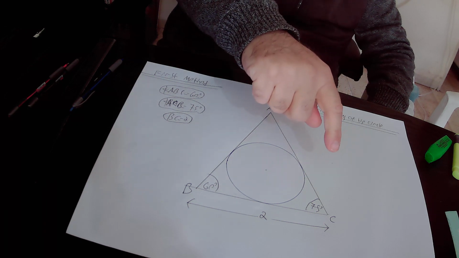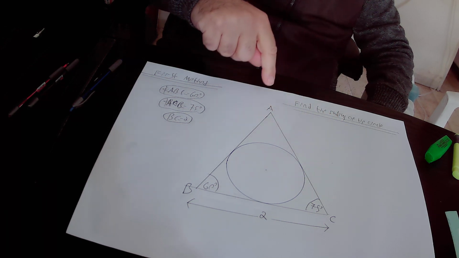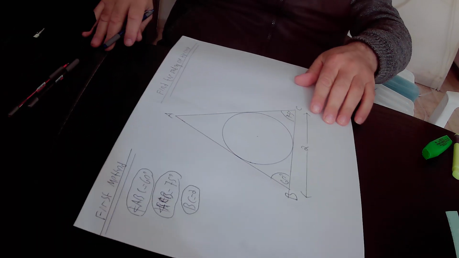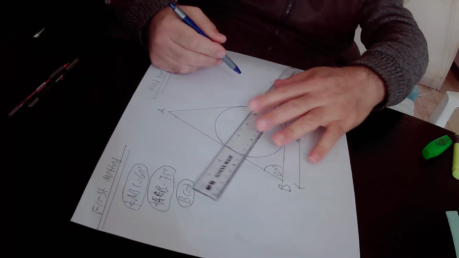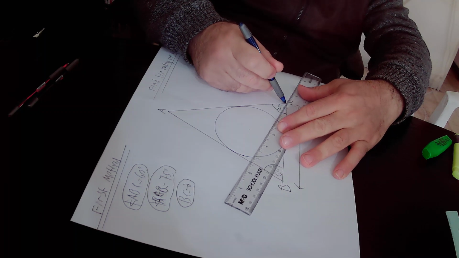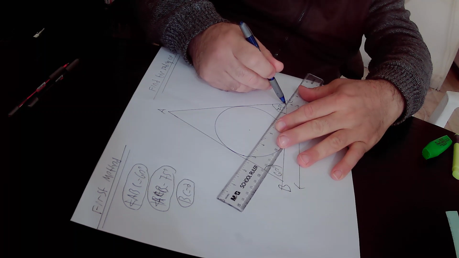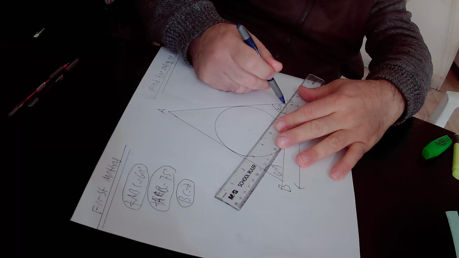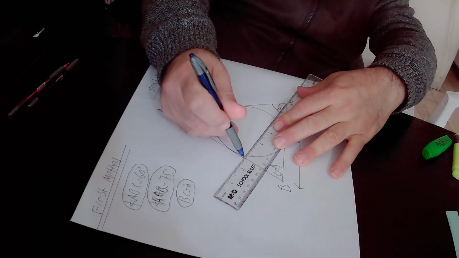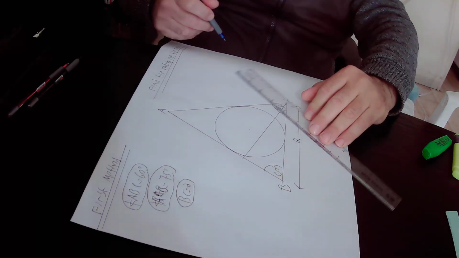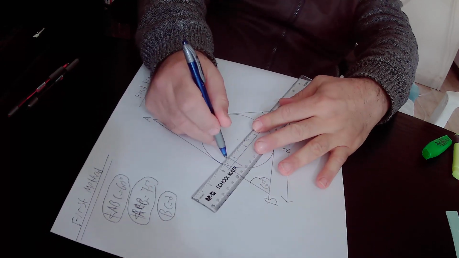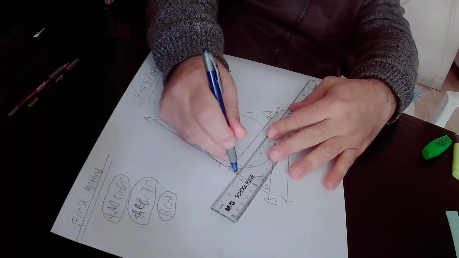For point C, we draw a perpendicular on AB. So this angle equals 90 degrees according to our construction.